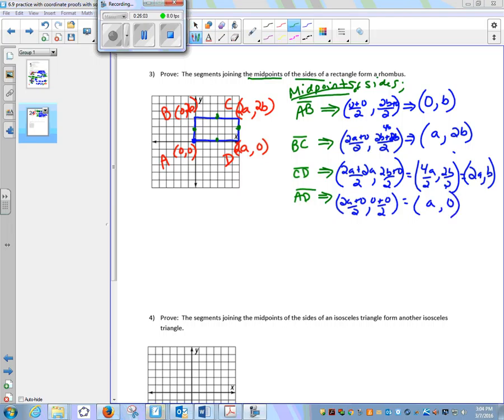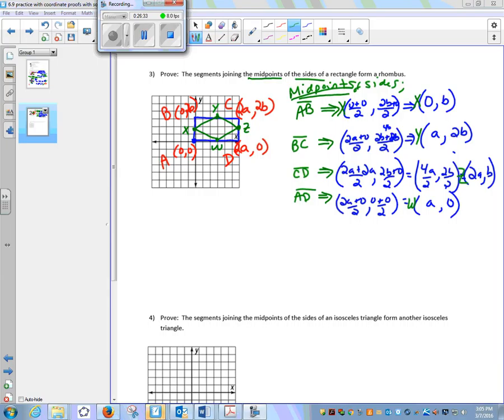So we have our midpoints now. We could rename these so that we have variables x, y, z, w. Midpoint of AB, that's x, y, z, w. All right, so we have to prove that the segments joining those midpoints form a rhombus.